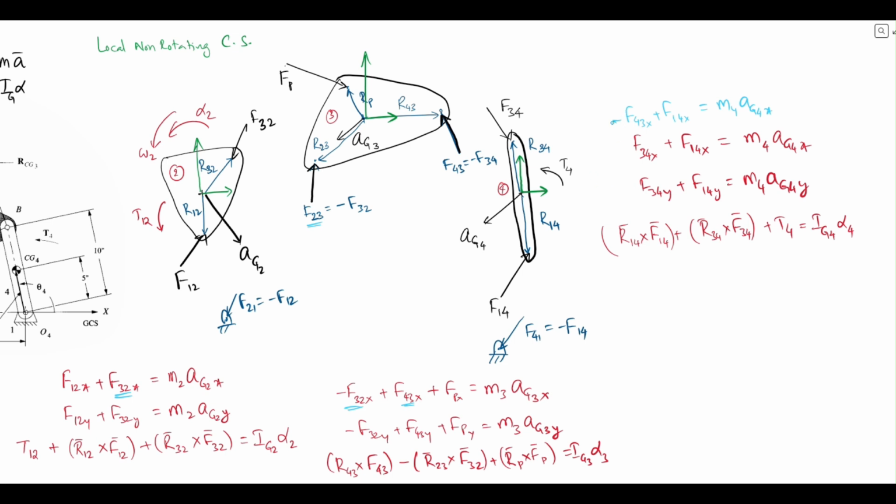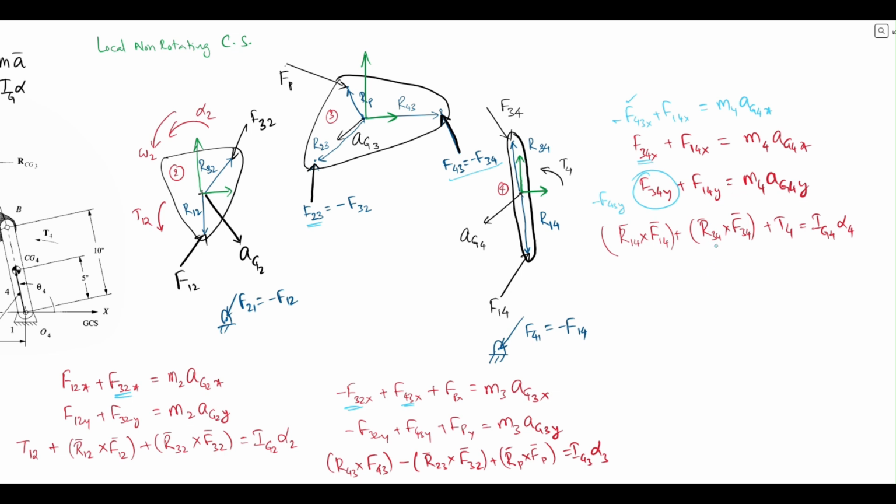I had not included the minus sign, so that would have been wrong. However, this is perfectly fine. We are avoiding F34. Instead, we are using this relationship and using F43x. Similarly, this would become, instead of this, minus F43y plus F14y. This should be equal to this.